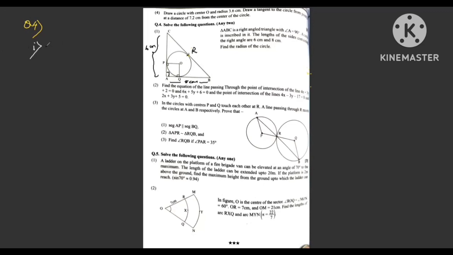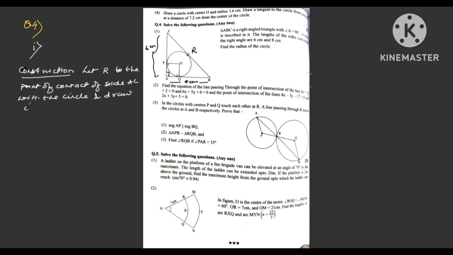So in my construction, I'm going to say, let R be the point of contact of side AC with the circle, and draw OP and OQ. I'm so sorry children, now I'll try to write it better.